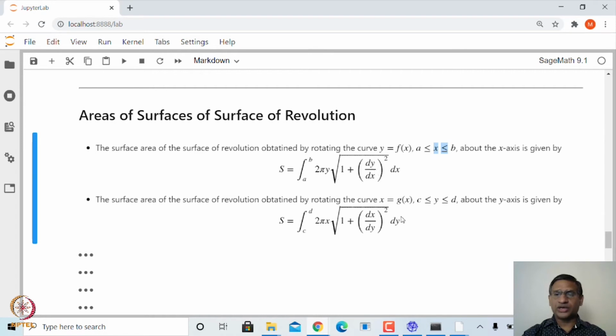In case you rotate this about the y axis, then the formula is the integral from c to d, that is the domain in which y varies.